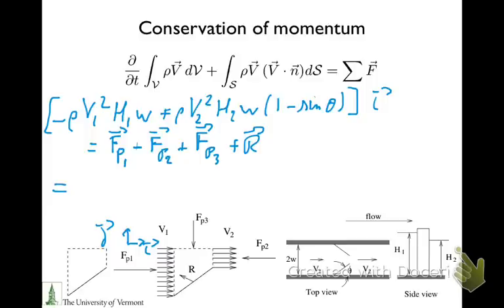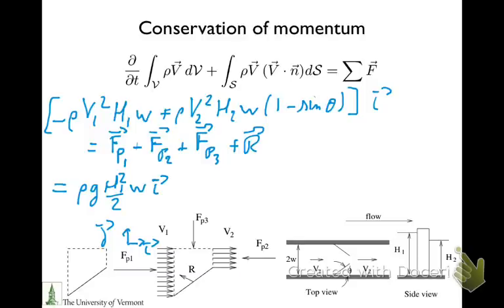FP1, FP2 and FP3 are the hydrostatic pressure forces onto the section. So for FP1 that's going to be rho g H1 squared over 2 times W, and it's in the I direction.